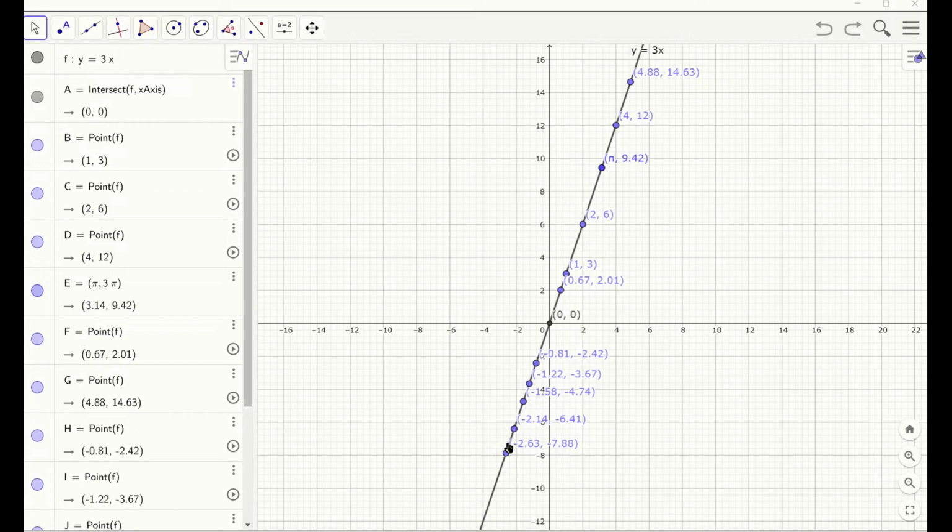Try it. Multiply pi by 3, you'll see you get something approximately around 9.42. And of course, we can have negative inputs, which will result in negative outputs as well. Remember, again, the relationship is each output is 3 times the corresponding input. All right, so here is a graph of that particular linear function.